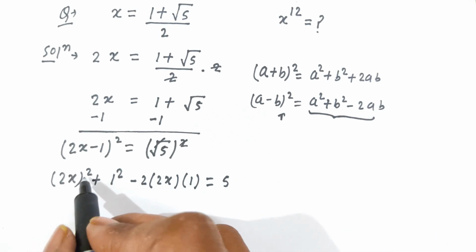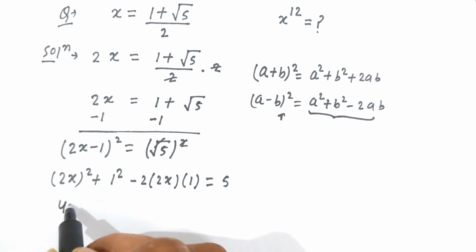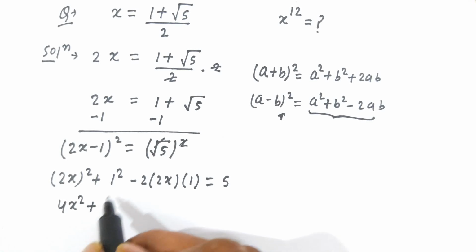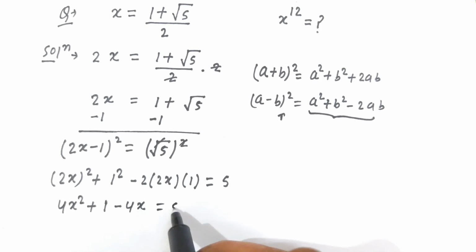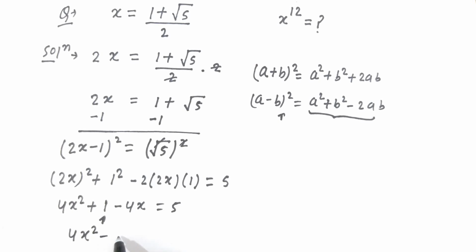Now (2 times x) square is 4 times x square, plus 1 square is 1, minus 4 times x, this is equal to plus 5. Now here plus 1. If we subtract 1 from both sides, then on the left hand side is 4 times x square minus 4 times x, and this is equal to 4.